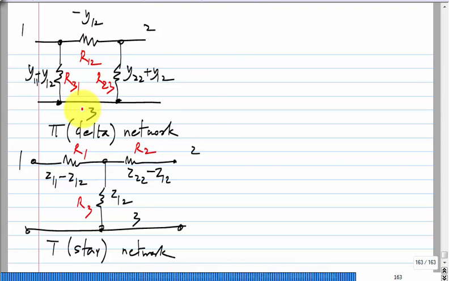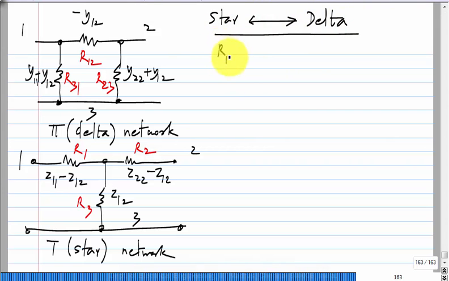Those are the resistance values. What I want you to evaluate are what are known as the star delta transformation expressions, that is R12, R23, R31 in terms of R1, R2, R3, and also in the other direction.